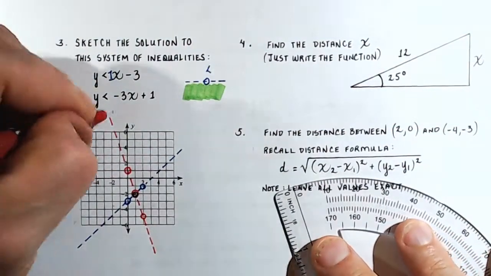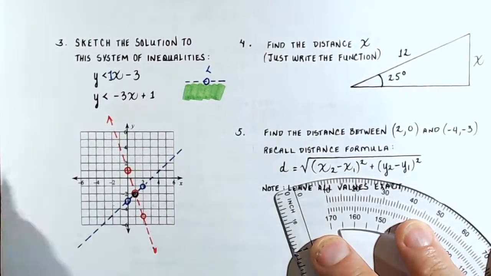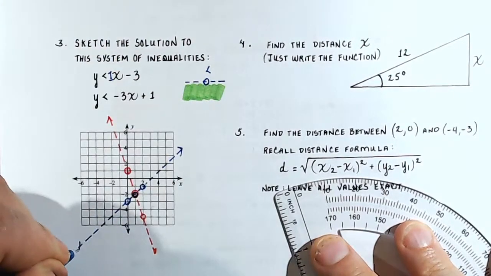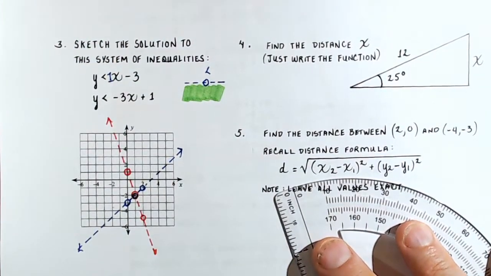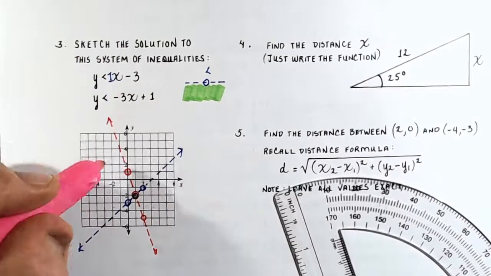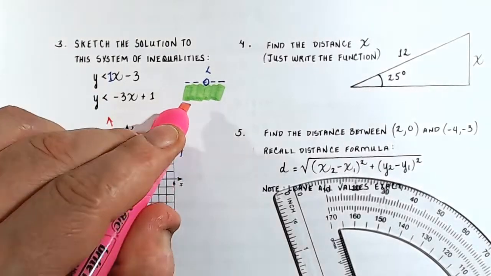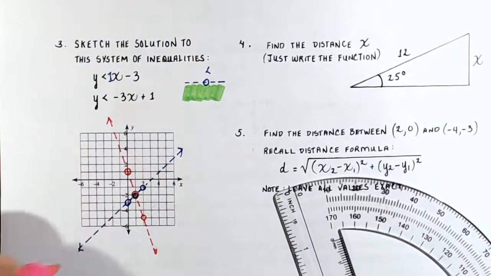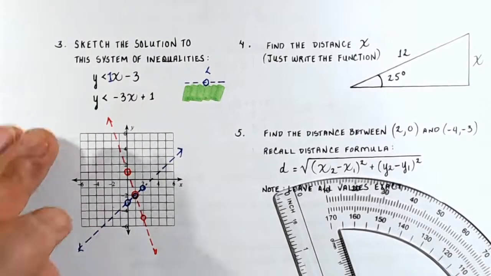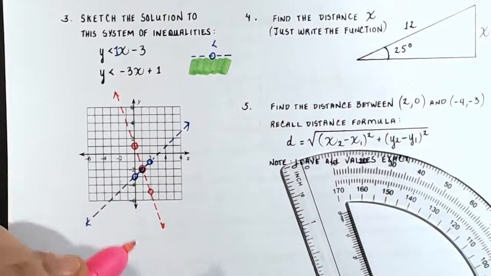So now I have my inequalities graphed, and all that remains is for me to shade. So let's think about this for a moment. I'm going to be shading below both of my dashed lines, but I only want to shade the region where both of them would be shaded.